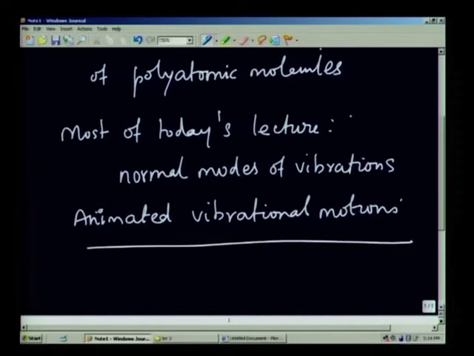Let me recollect the essential points of the last lecture. Remember that when we discussed the diatomic molecular vibrational spectrum, we started off with the simple harmonic oscillator model. It is a very useful model, and nevertheless it has its difficulties.